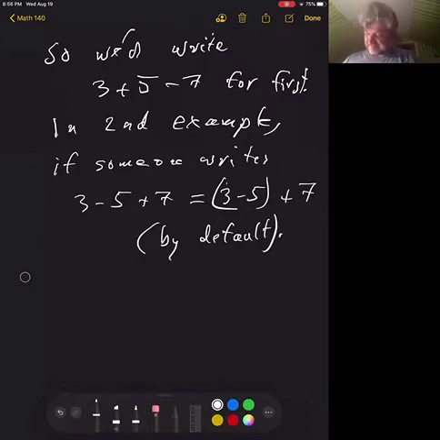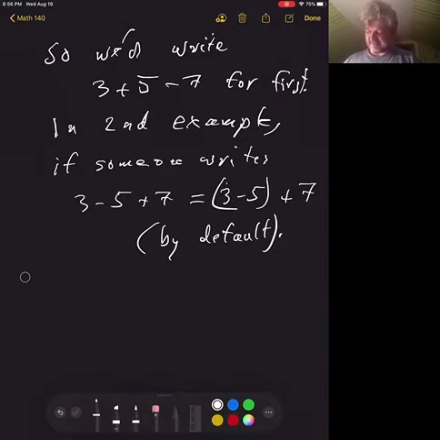All right, so that explains how we can save on parentheses by giving an unambiguous meaning to ambiguous expressions.